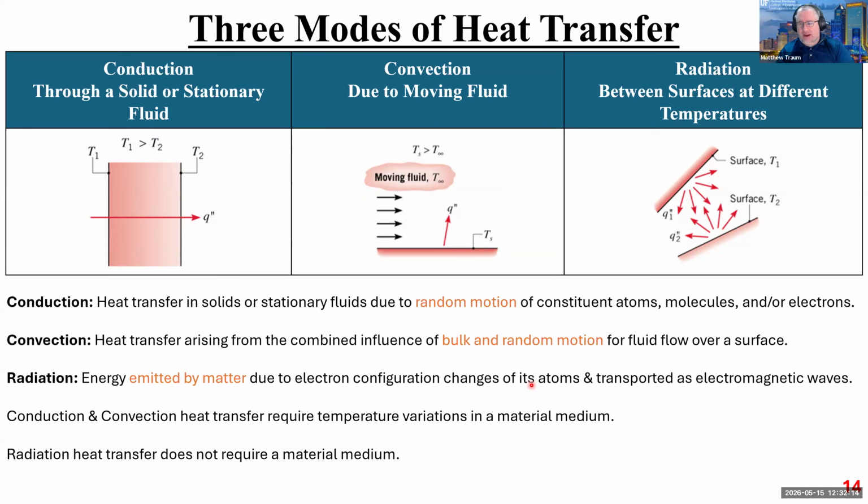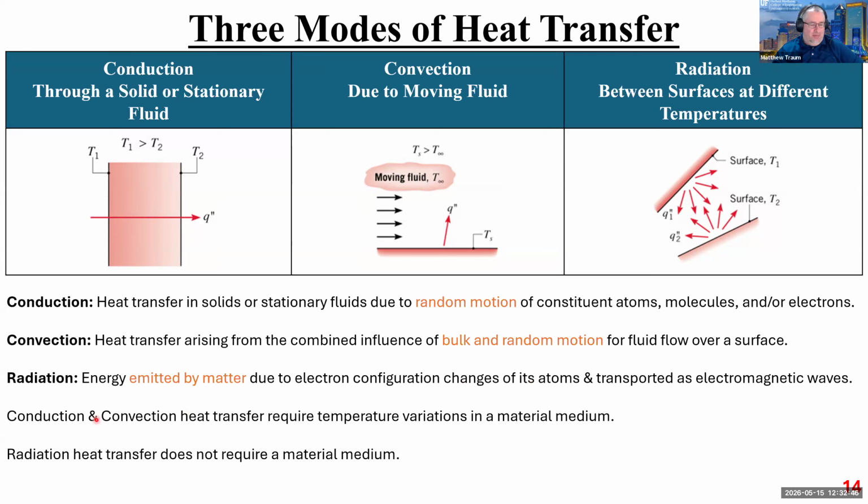And then there's radiation, which is an energy transfer between surfaces at different temperatures caused by electromagnetic waves, right? So basically photons. We'll talk a little bit about that, and then we're going to put it aside for a while, and come back to it at the end of the semester. But radiation is very cool because everything is radiating to everything else, so it's a little complicated, but also tractable and very interesting.